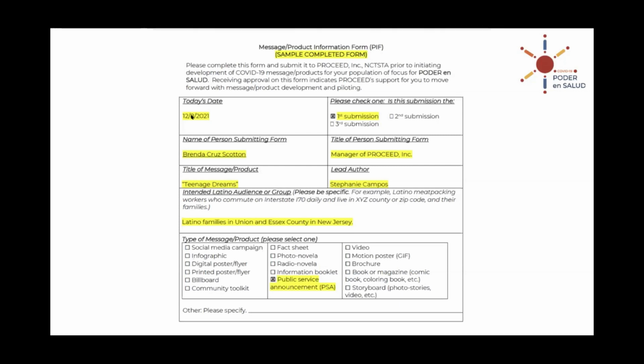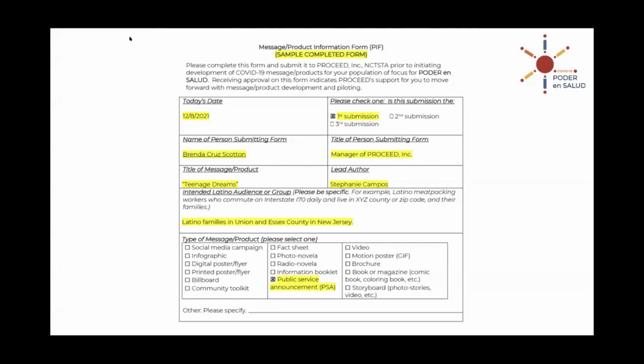This form is going to be completed by all team members, and it's going to give you a guideline, in other words, a resource to help you fill it out step by step. You are going to complete this form, which will then be submitted to our partner organization through PODER and SALUD, which is Proceed.